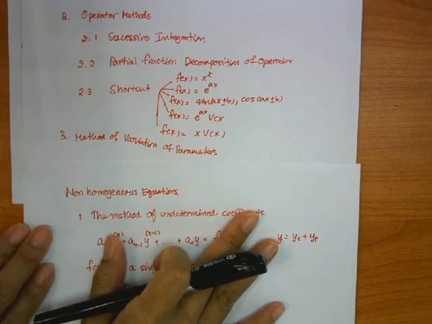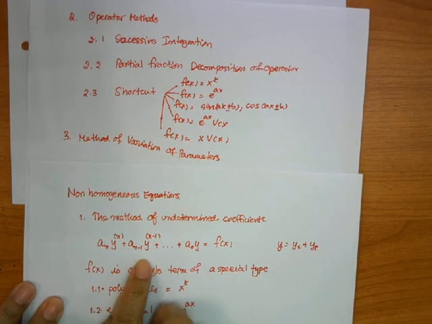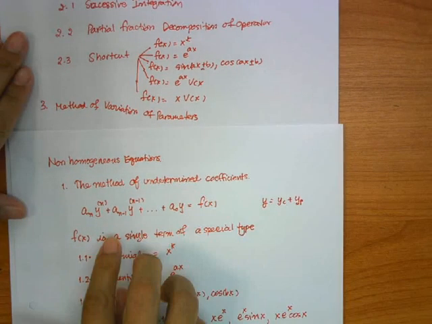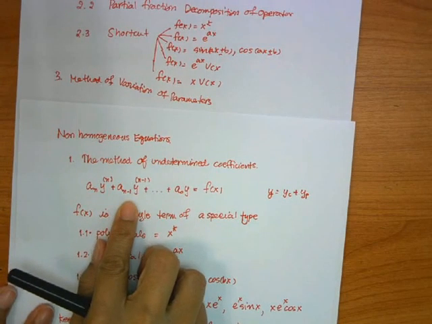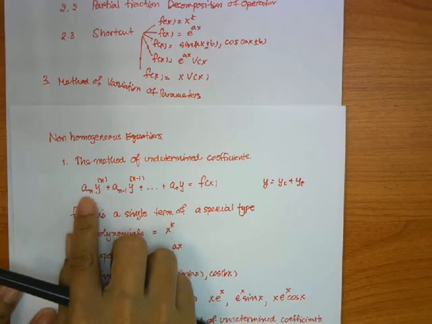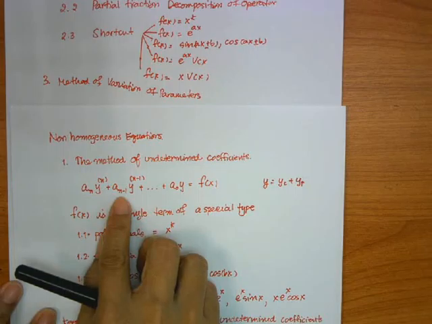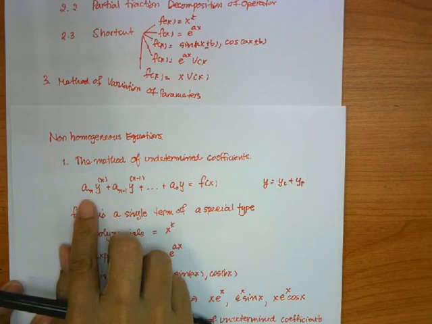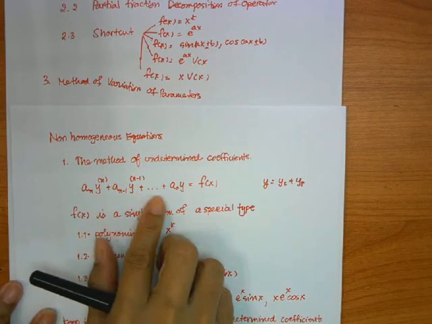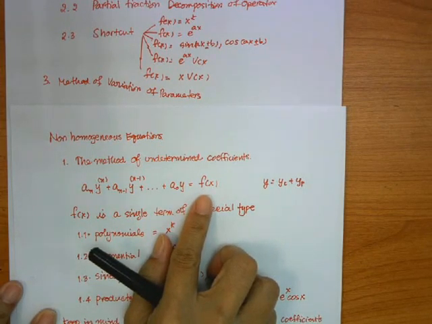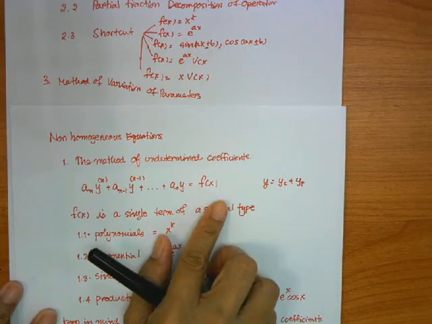With this method, we have the differential equation as shown, an nth order differential equation, and assume that a(n-1), a(n-2) until a0 are constants, and f(x) is a function of x or a constant.